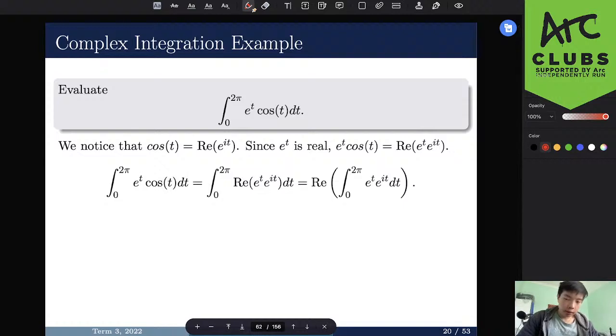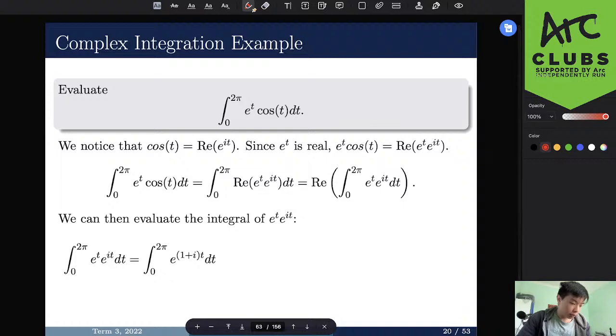Essentially the reason we do this is because we know that exponentials are very easy to integrate. So we have our original integral and we transform it so that we have the integral of the real part of this complex function, and then we can take out the real part. So we want to find the real part of the integral of this complex function. What we can do is put the exponentials together into one exponential.